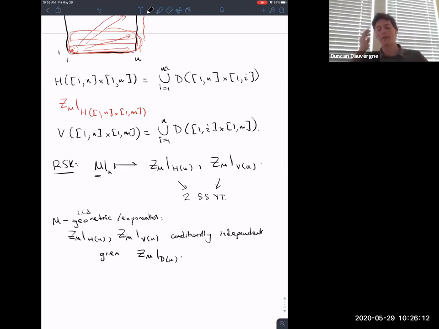So the multipath last passage values in a geometric or exponential environment from the corner to the top and from the corner to the right side are conditionally independent given all of these diagonal last passage values.